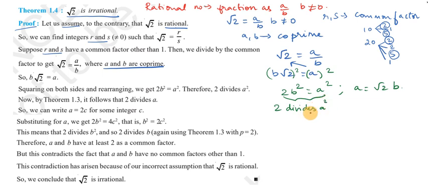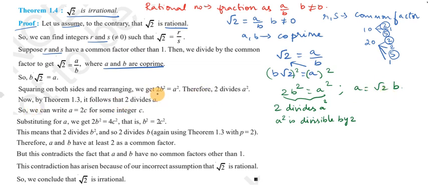The meaning of this is that a square is divisible by 2. If a square is divisible by 2, then we can also say that a will also be divisible by 2. That is what we are going to see here.